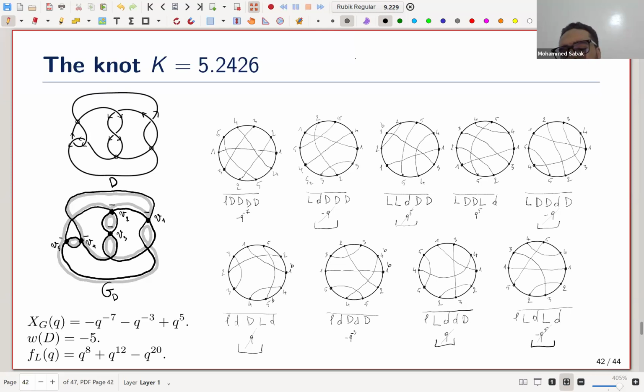This stems from the work of Thistlethwaite. And this is actually the big difference between the classical theory and the virtual theory regarding the Jones polynomial of alternating links.